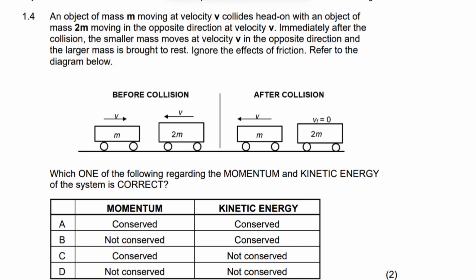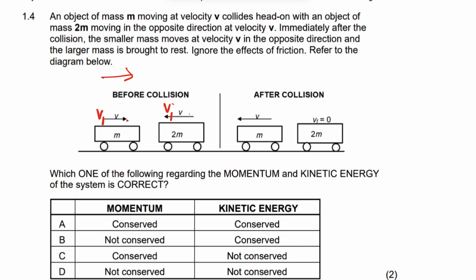So these are the objects. This is before collision. This object m was moving in that direction, which is positive. This is the initial velocity. So this is before collision, and this one is going to be negative and this one is going to be positive.